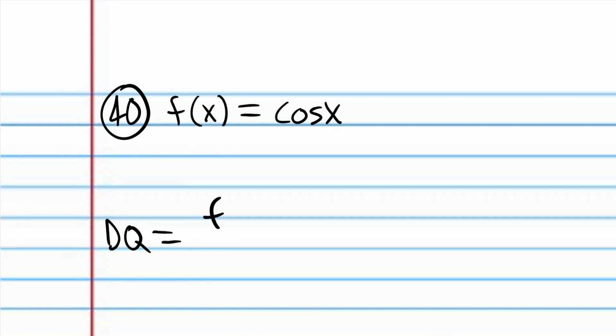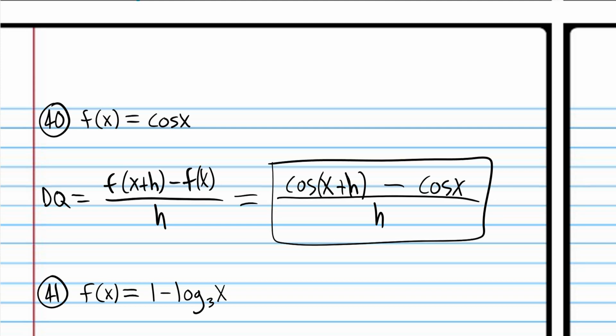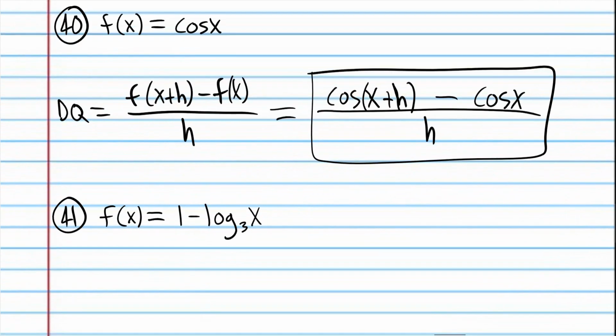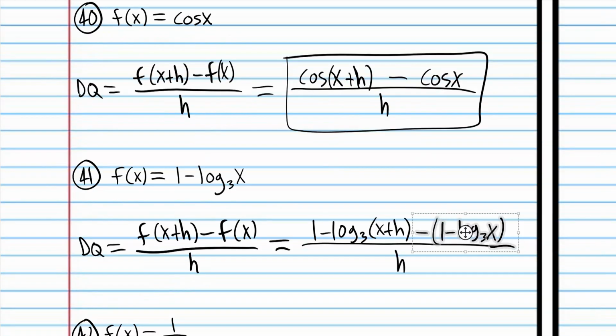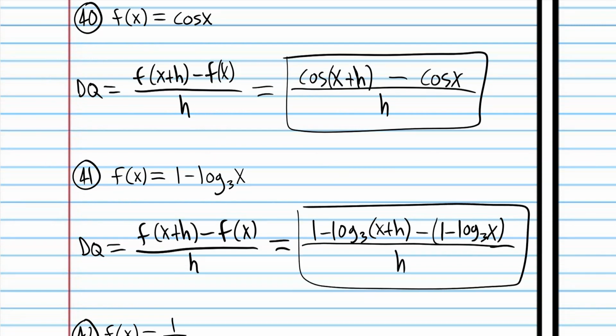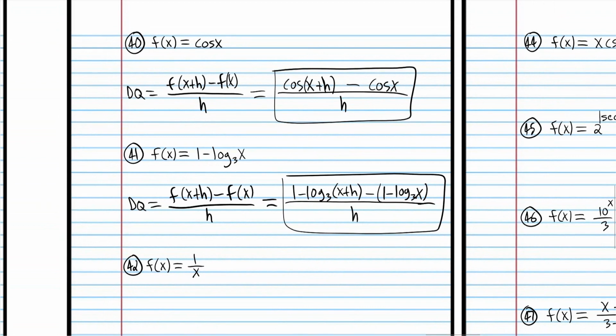Okay, we're back. So if you got that right, excellent. Go ahead and try number 41. When you come back, we'll do it together. Alright, we're back. So if you got that right, excellent.